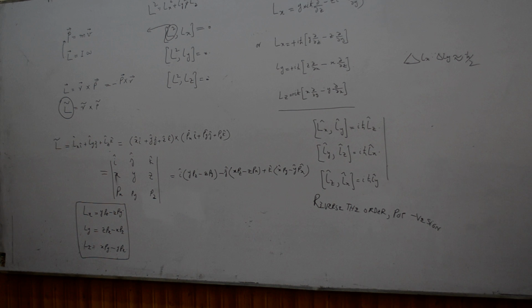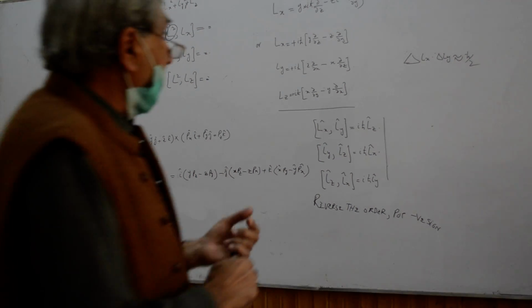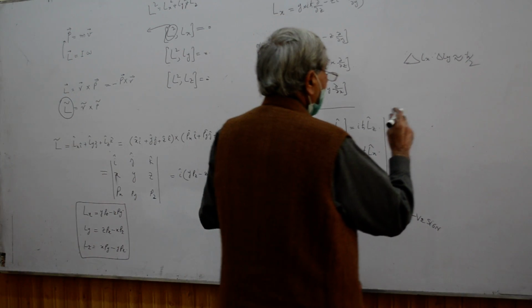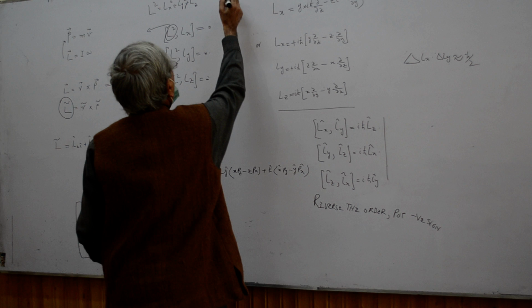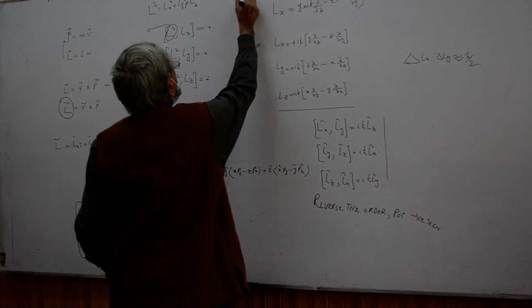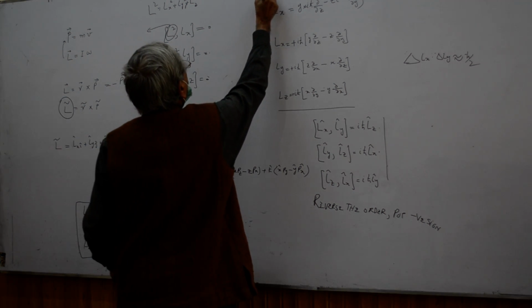When you say orbital angular momentum, this is always measured in units of h bar, and it is always integral, and the orbital angular momentum quantum number takes values l is equal to 0, 1, 2, 3, etc.